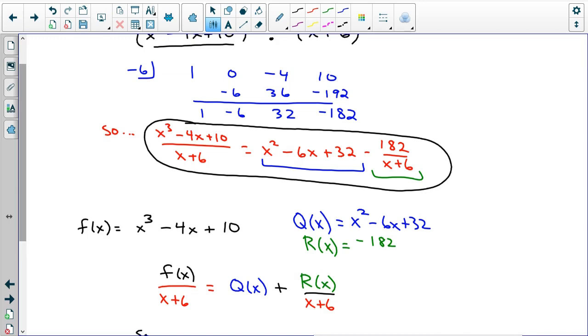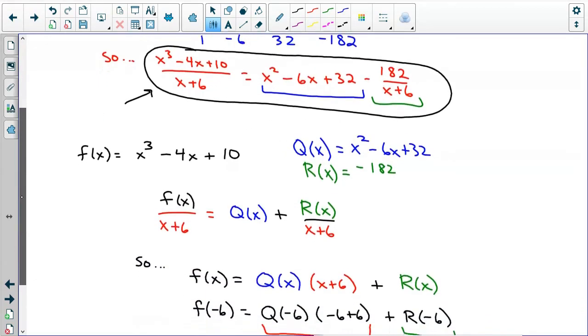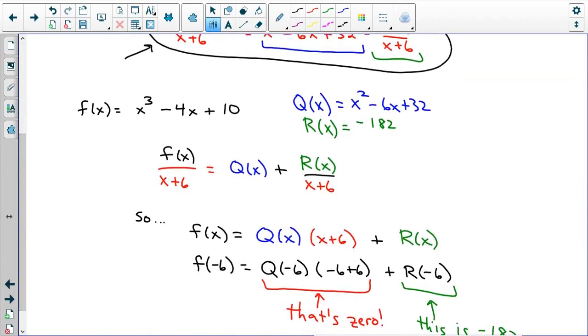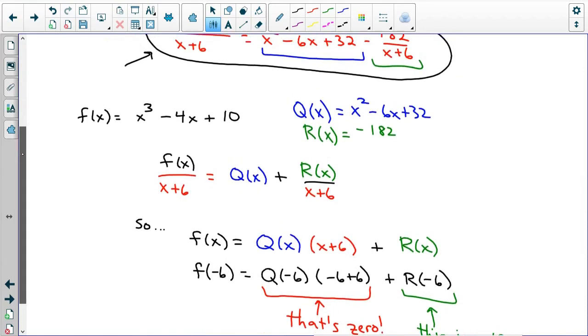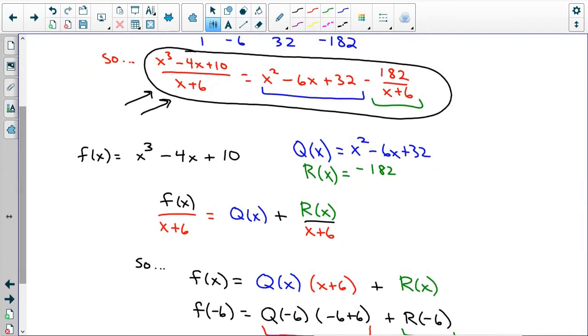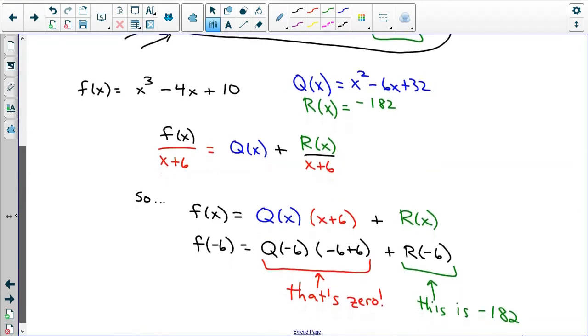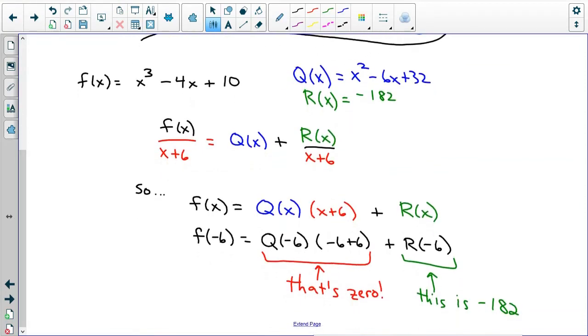So if I multiplied through by x plus 6, I would take this entire equation, multiply through by x plus 6, and I would get x cubed minus 4x plus 10 equals the blue part, q of x, times x plus 6 plus negative 182. So that's basically what ends up happening.